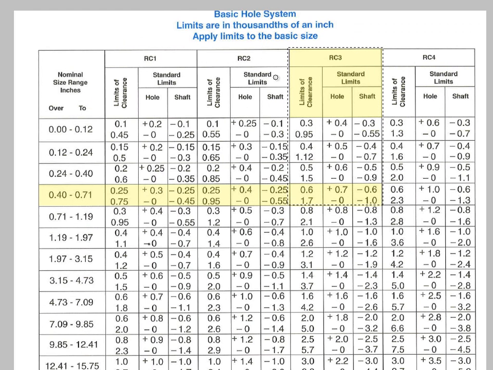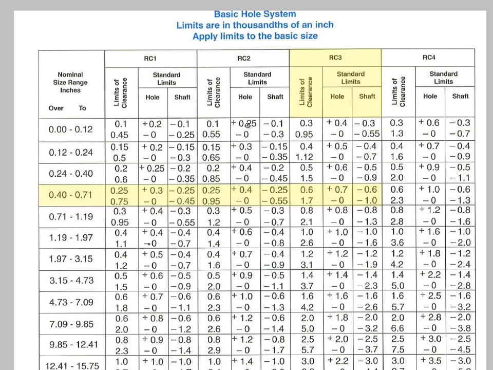Then I need to go to table 10.7 and find out where 0.625 lies. And 0.625 is between 0.4 and 0.7. Then I need to go to the fit column, and we're fit RC3. Then I need to come down and find the values for the hole and the shaft.